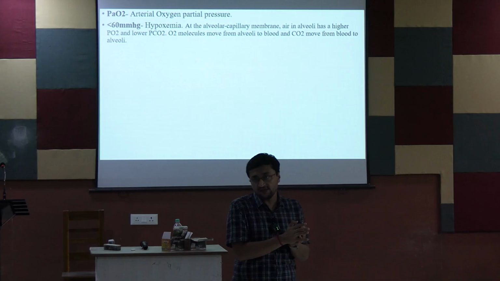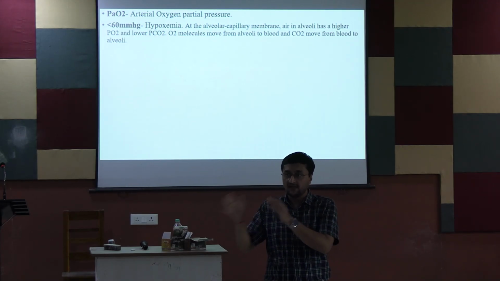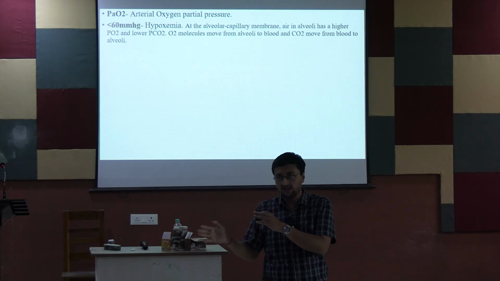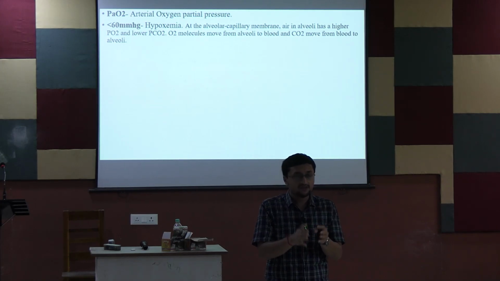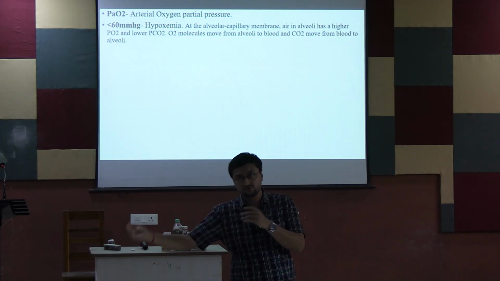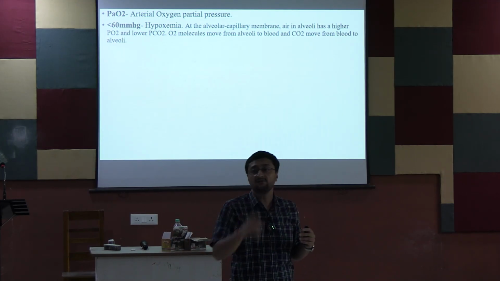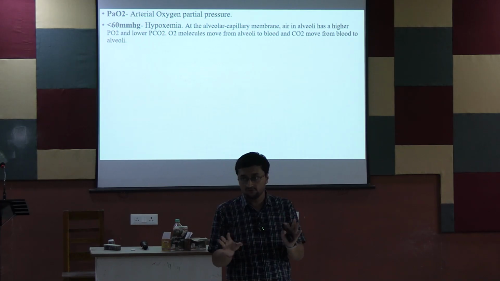So we all know that there is an alveolo-arteriolar gradient, right? Alveolo-capillary gradient at the alveolar level, where from the alveoli the oxygen is diffused to the artery, and from the artery carbon dioxide will enter into the alveoli. So this we all know.